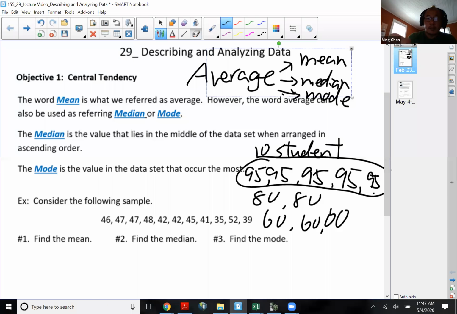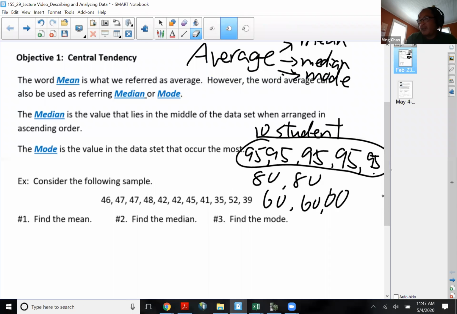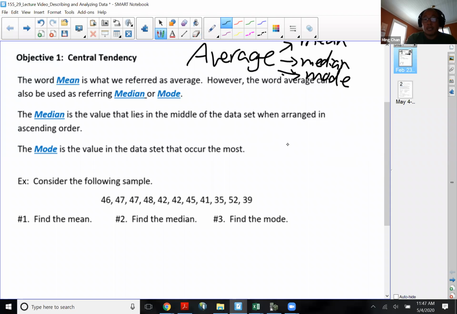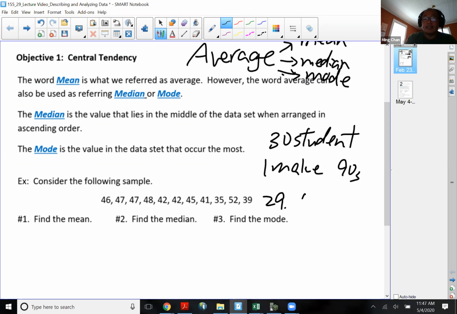Have you ever heard of people curving grades? I have been in a class where only one student out of 30 made a 90, and the other 29 made 60s and below. So the professor ended up having to curve.